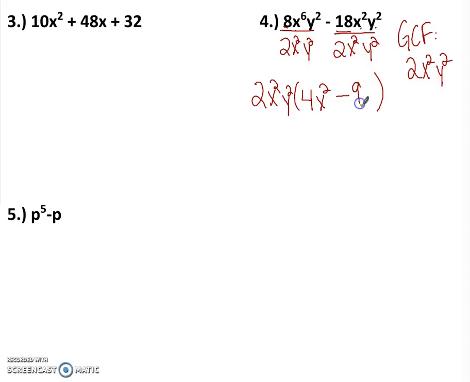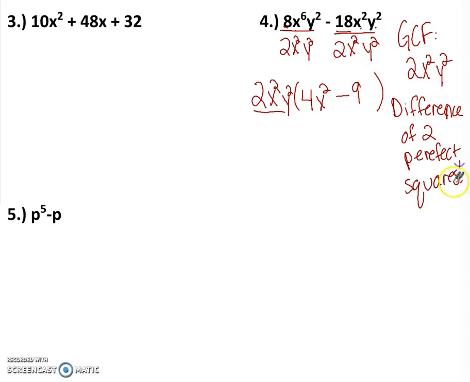Ooh. GCF can't factor further, but I notice 4x squared minus 9 is a difference, because it's subtraction, of 2 perfect squares. The square root of 4x squared equals 2x.